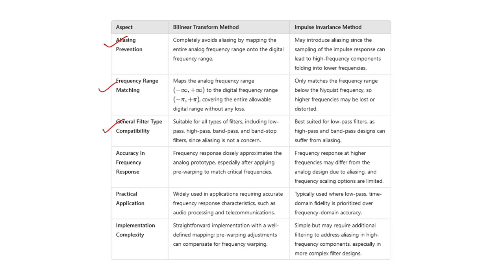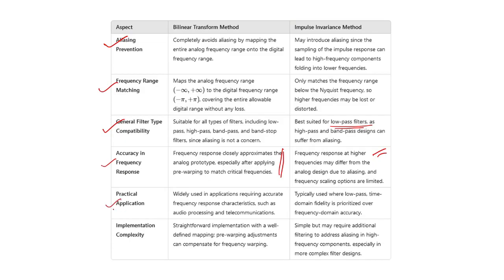However, in the impulse invariant method, the best suited design is the low pass filter. Then accuracy in frequency response is higher in the impulse invariance method. However, in the bilinear transformation method, it is not that accurate because of frequency warping.